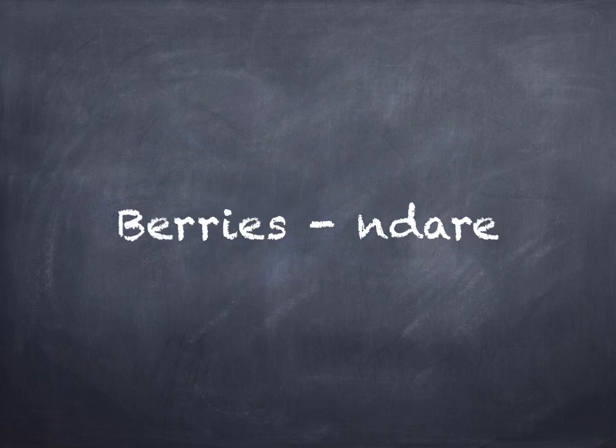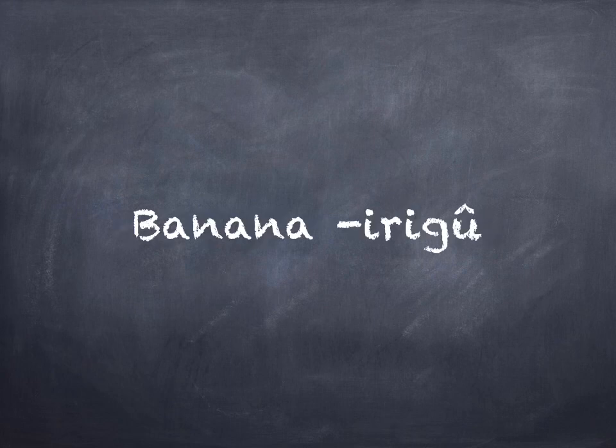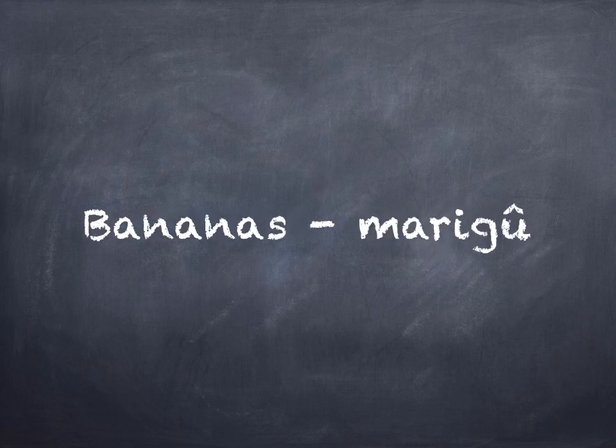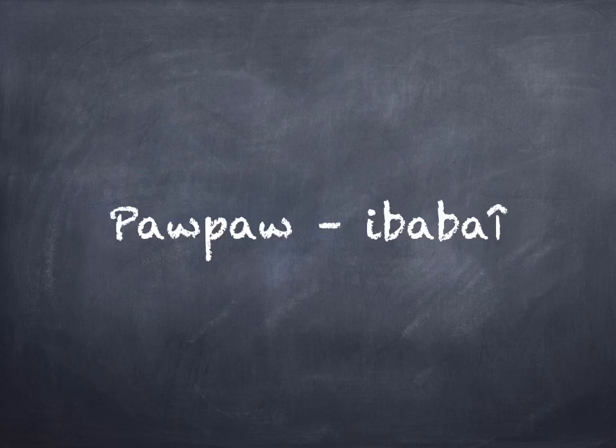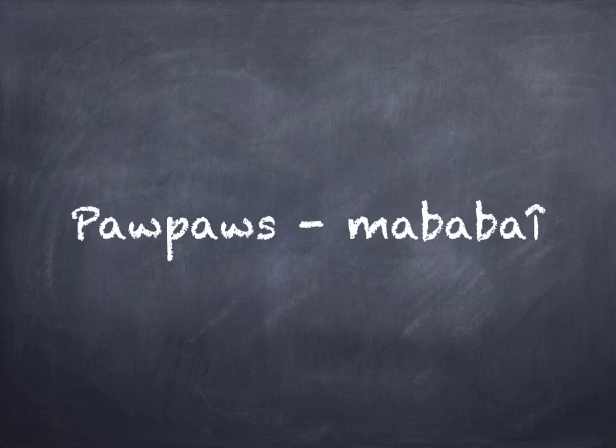Berries are known as dare. One banana is known as irigo, and the plural is marigo. Purple passion fruit is ifafai, and mafafai for the plural.